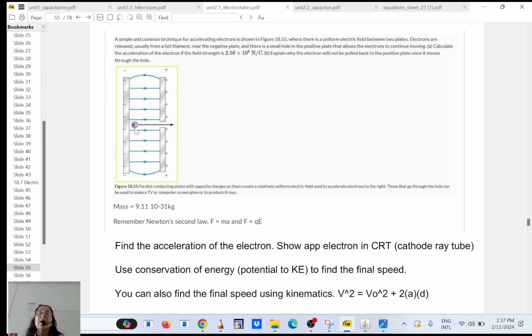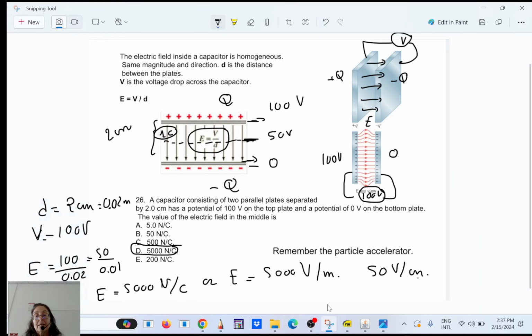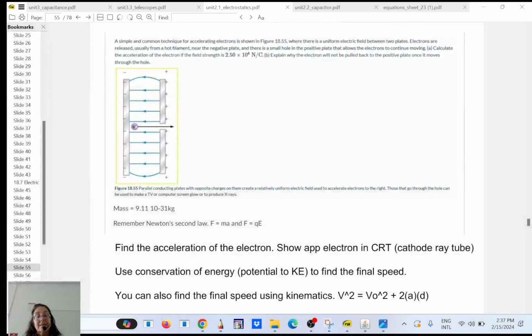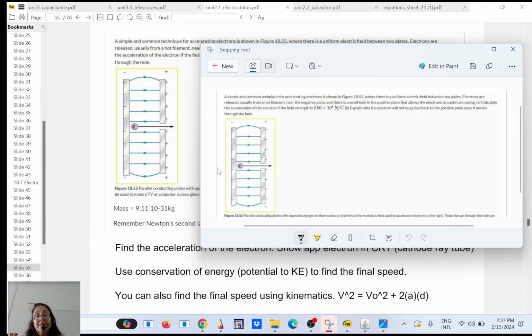So it will be acted on by a force equals Q times E, okay? So it will accelerate, okay, from kinematics.